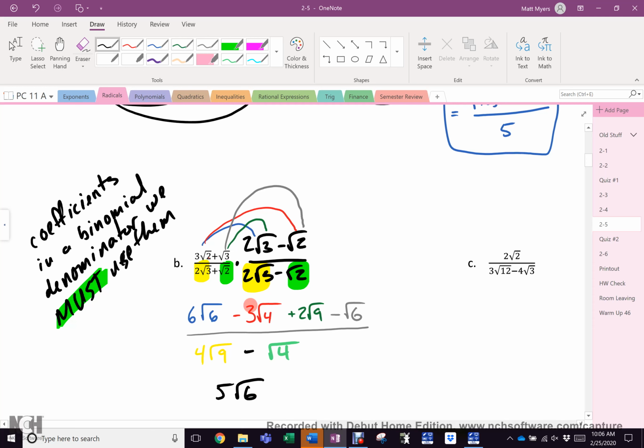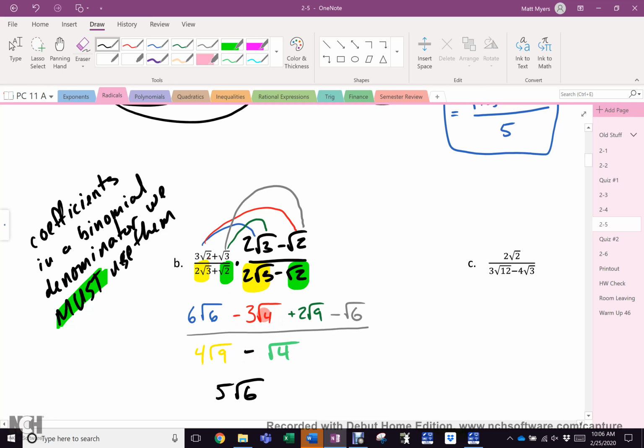Yes? For the positive? Because it doesn't cancel. No, it's still going to be negative root 4. Because we're multiplying, right, Bea?